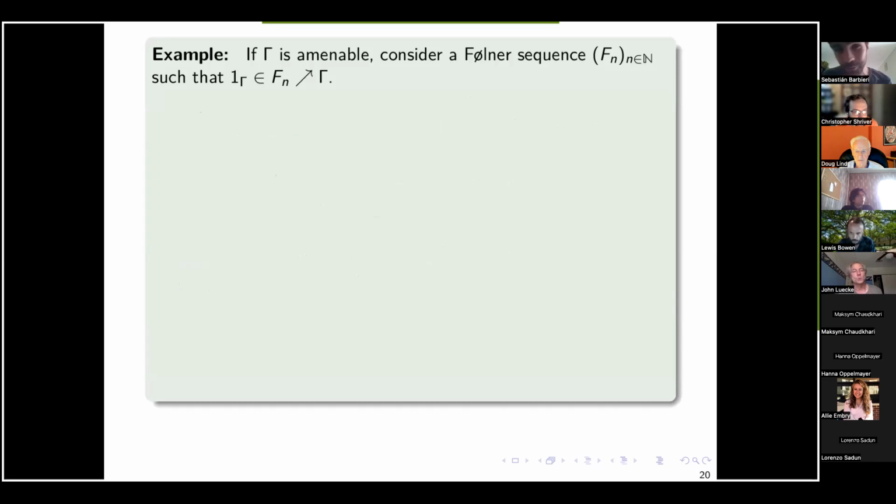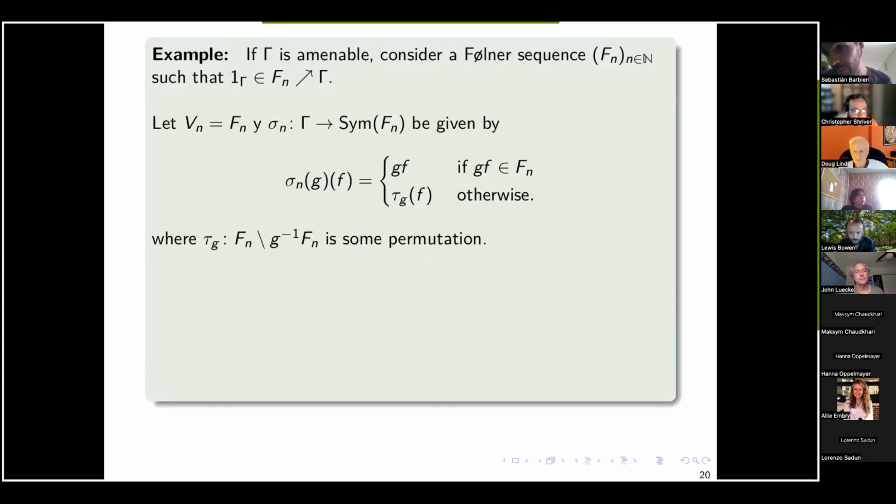Okay? And I also said that it generalizes amenable groups. So let me tell you why. If Gamma is amenable, I can take a Følner sequence, which contains the identity and grows up to the whole group. I can take my sequence of finite sets as my Følner sequence, and I can define my functions sigma_n in the following way. It's just left translation by g, if it lies inside my set F_n, and if it does not, well, I just apply some permutation of whatever remains.